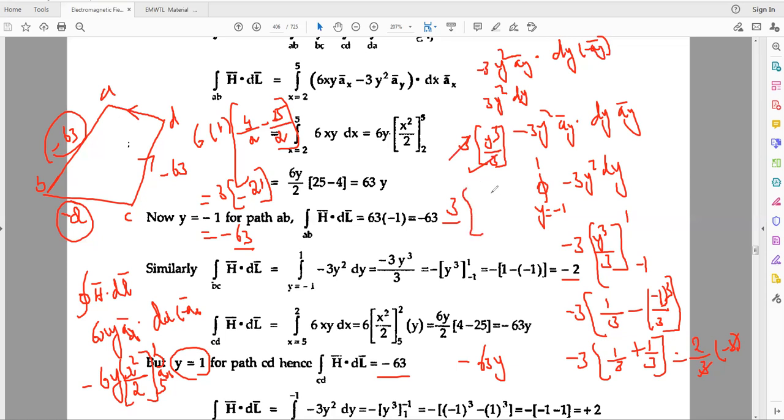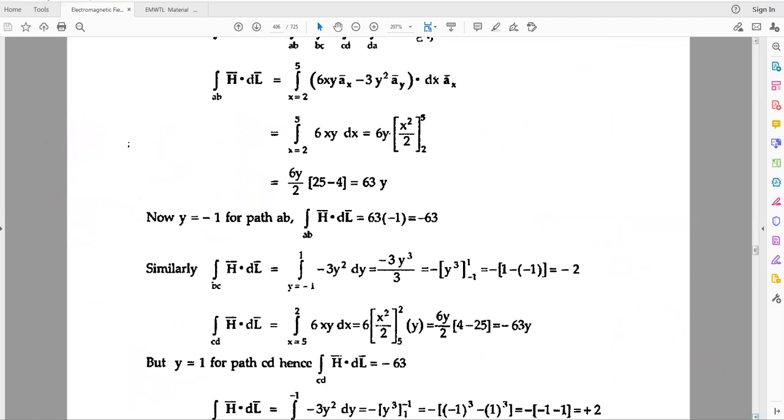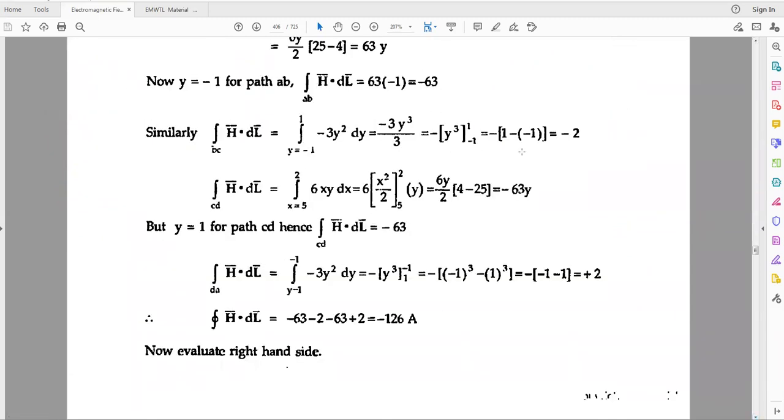Y cube is 1 and minus 1, so 1 cube minus of minus 1 cube, we get 2. Okay, my dear students, plus 2.